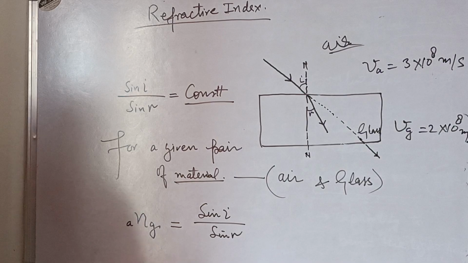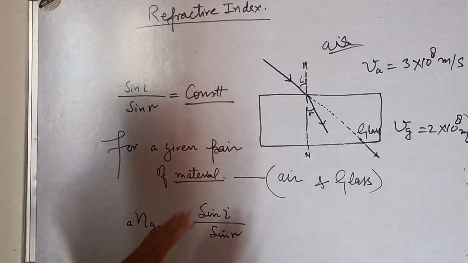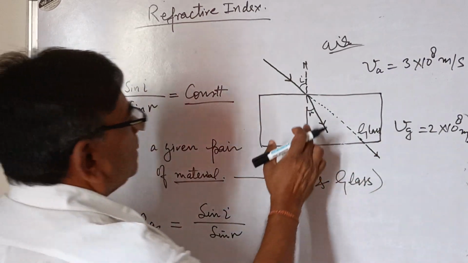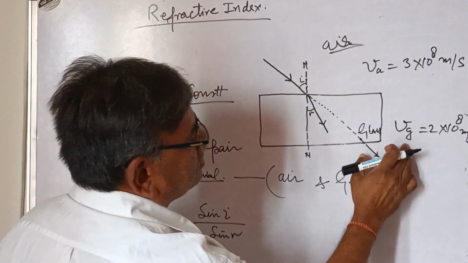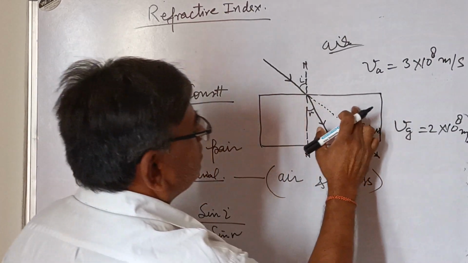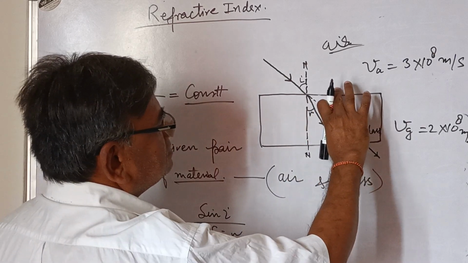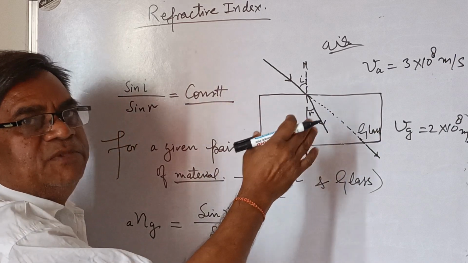So what happens? Take a general idea, I am giving you just for your general knowledge. This ray deviates in this way. Why? The velocity becomes less in the glass, and it has to cross this glass, so it follows the minimum path.